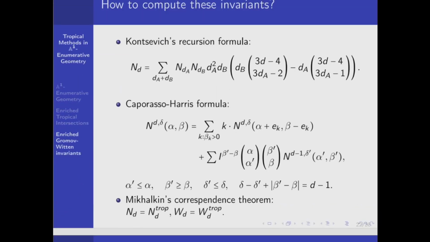And there's another element of this story, Mikhalkin's correspondence theorem, which tells us that the complex and real counts can be computed tropically. What that means is that we can count the number of tropical curves with a fixed multiplicity that give us the complex and real counts.